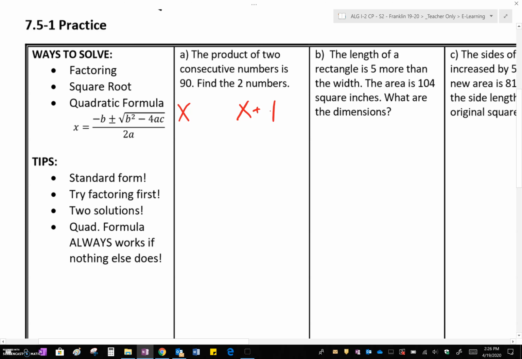So you don't want to say x and y, because we can't solve that equation. You just want to have one variable. So in this particular case, our numbers are x and x plus 1. So we're going to multiply these, right? The product of our two numbers. So x times x plus 1 is 90, so equals 90.